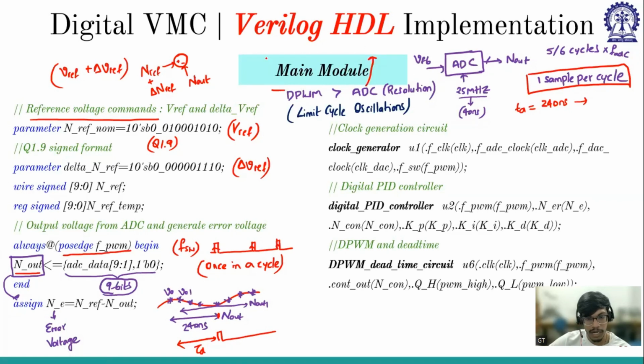Our DPWM is 9-bit, and I cannot use a 10-bit ADC. That's why SAR is using only 9 bits, and the last bit SAR is always putting 0, so that we are making them equal. Otherwise there will be limit cycle oscillation. The details are in the Luca Corradini book that SAR has mentioned, and you may refer to that, but keep this in mind.